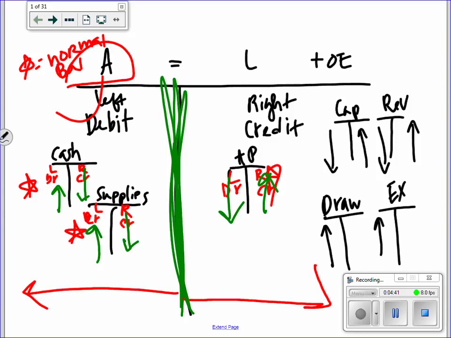No. Does a debit to an asset always mean increase? Yes. Don't associate debits and credits with increase and decrease. You could say, well, it depends on which side of the big T you're on. Here's a bigger question. Does a credit to an owner's equity always mean increase? No, because you have these two naughties in there.